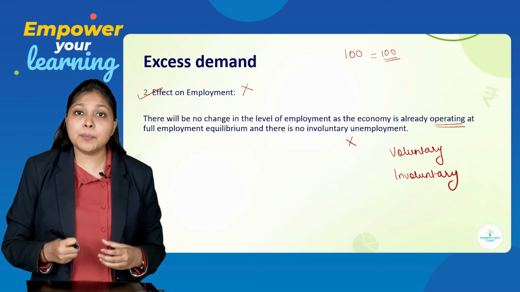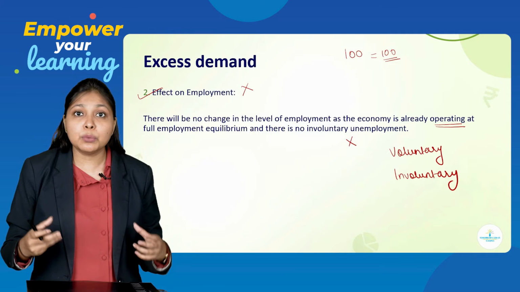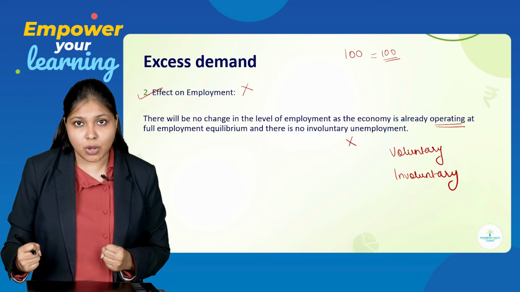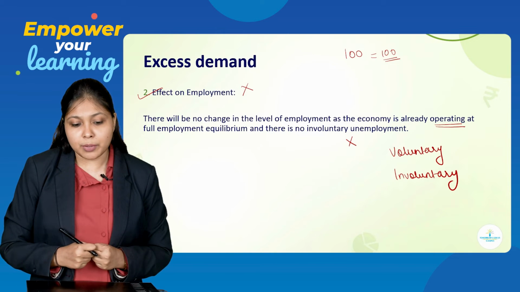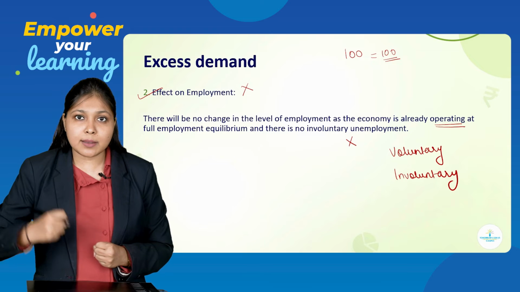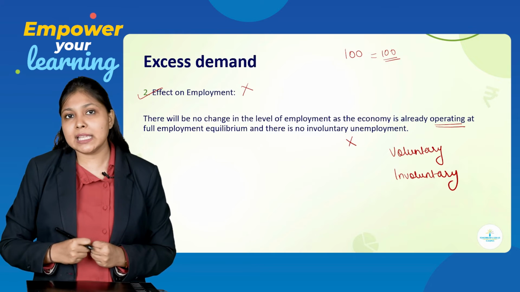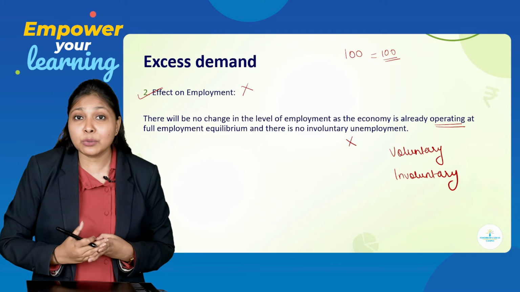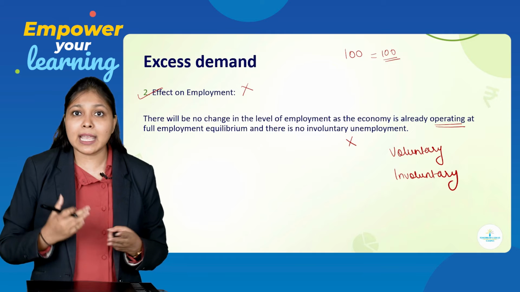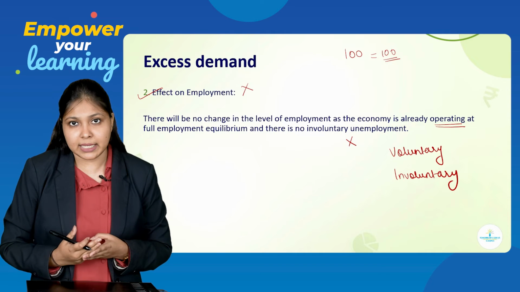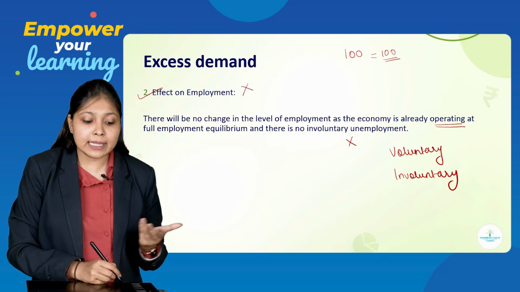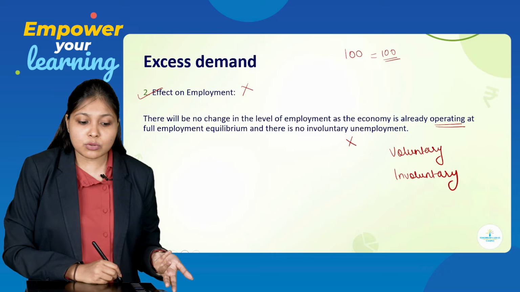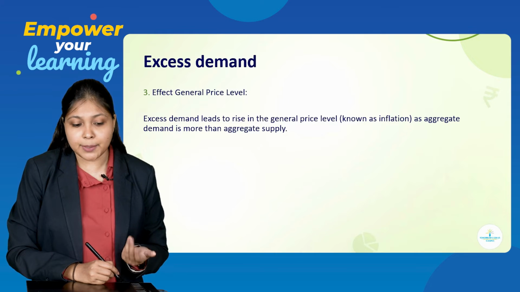Involuntary means people who are willing to work, able to work, want to work at the existing wage rate, but still they are not getting jobs. So that is involuntary unemployment. So in the situation of excess demand, there is no problem like involuntary unemployment, because everyone who is able to work, willing to work, accepting the wage rate is already working. That is what full employment is. So again, we cannot increase the employment level because the economy is already working at its full capacity.